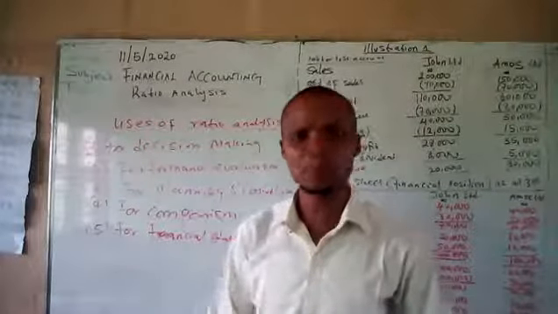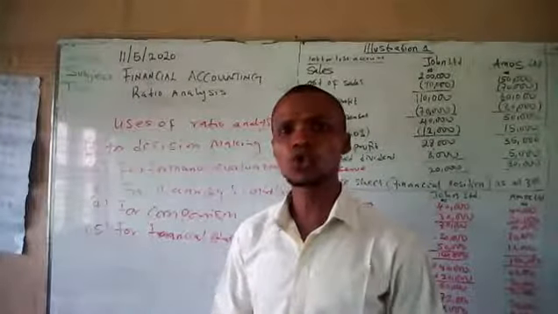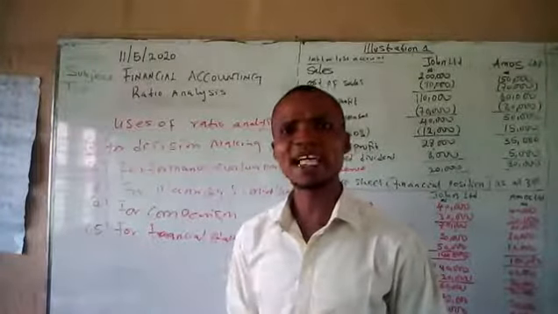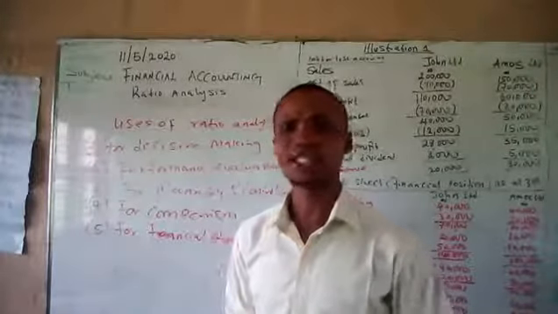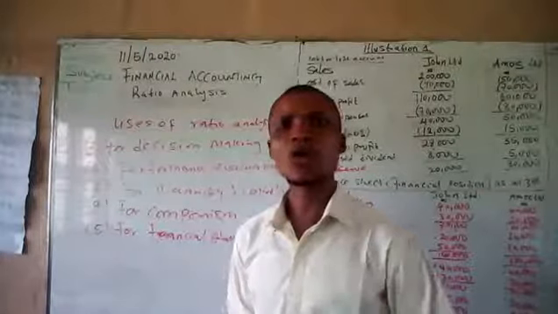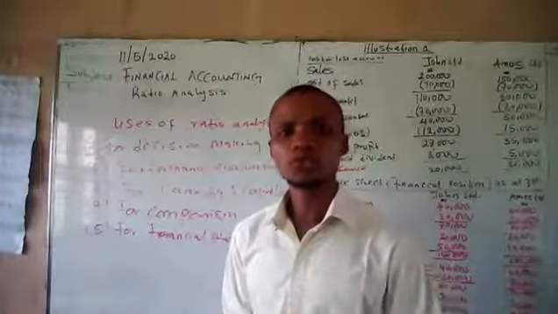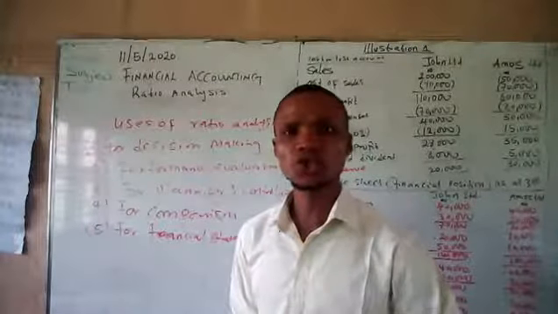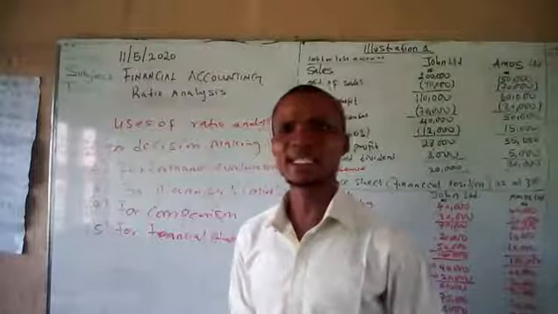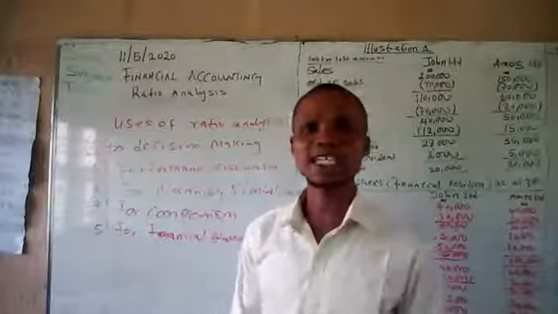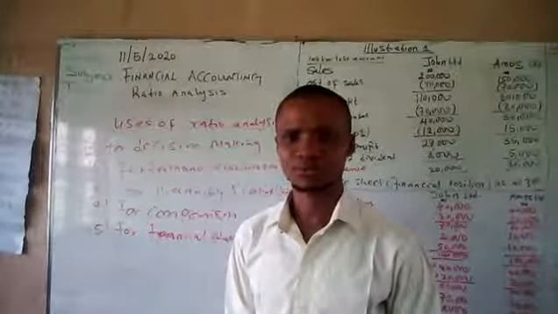It enables us to interpret the accounts of companies in order to know some of the areas of weakness and strength, and how managers use such ratio interpretation to convert organizational weakness into strength. So these are some of the uses of ratio analysis.